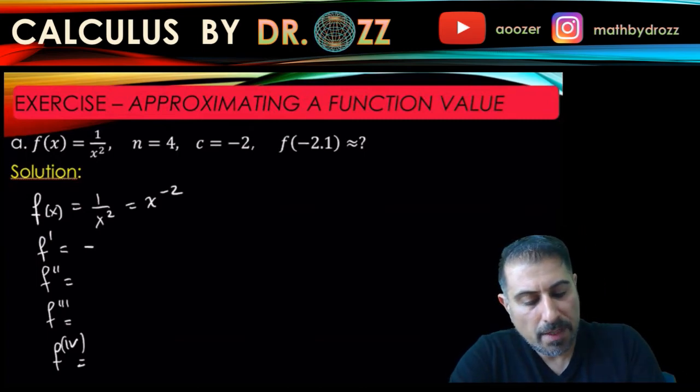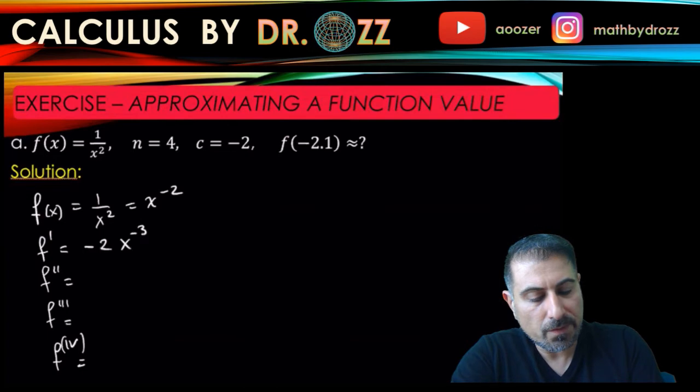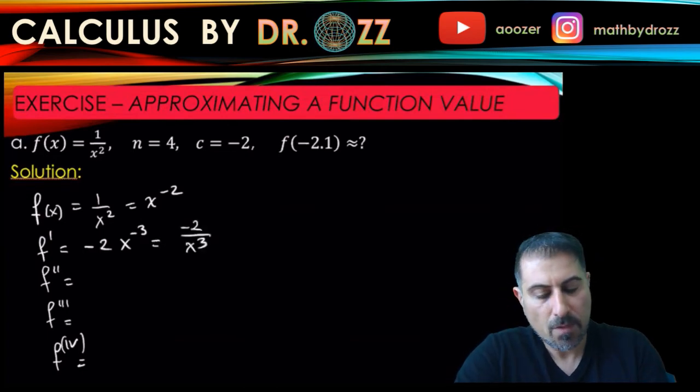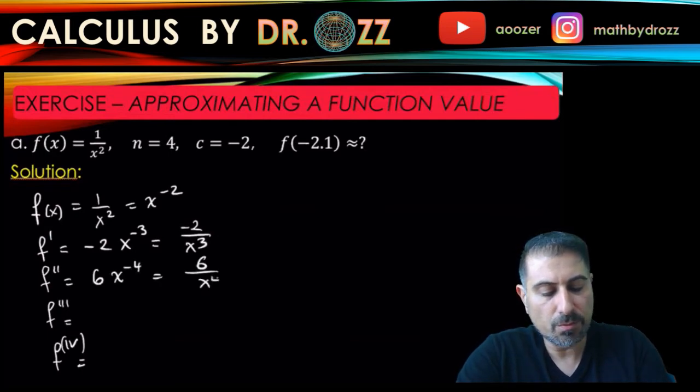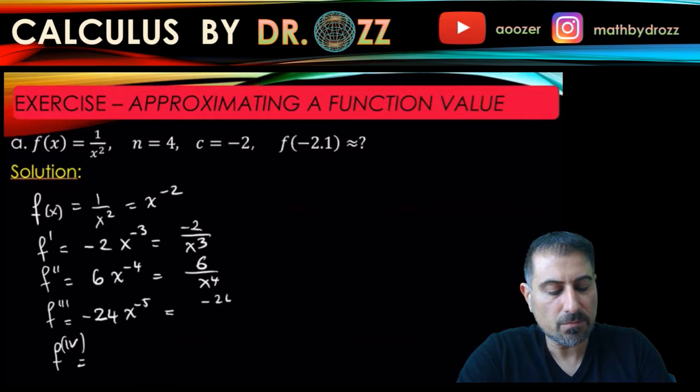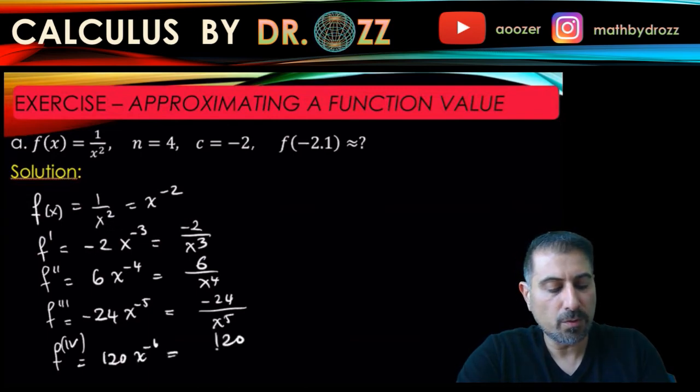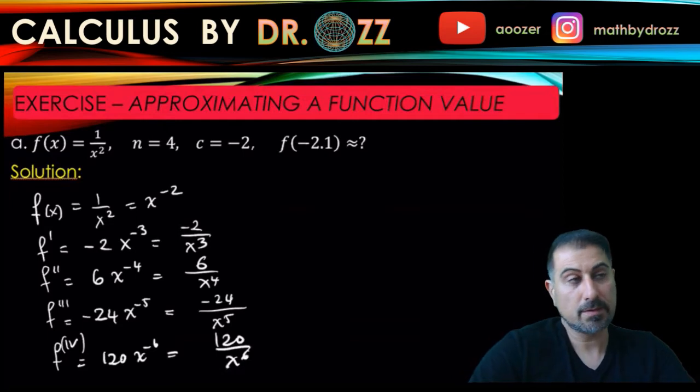So this would be -2x to the -3, in other words, -2 over x cubed. This will be 6x to the power of -4, 6 over x to the 4th, and -24x to the -5, -24 over x to the 5th, and then finally 120x to the -6, 120 over x to the 6th.